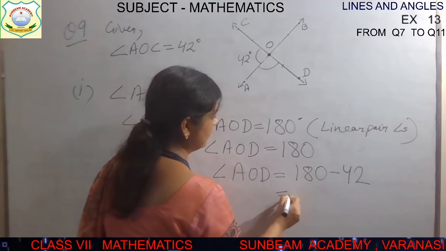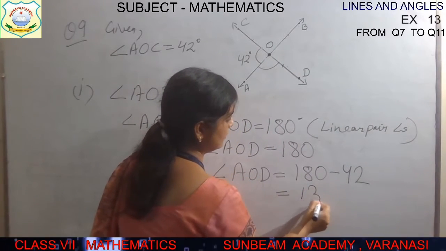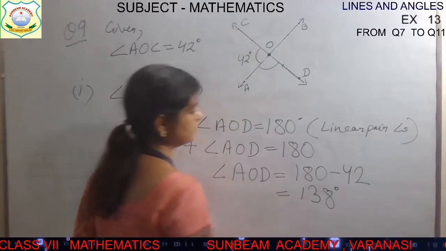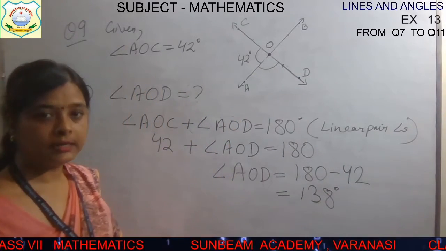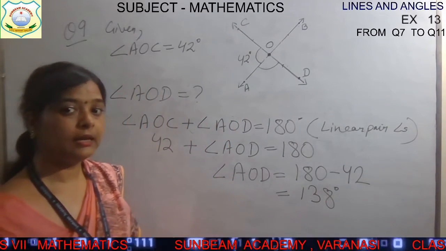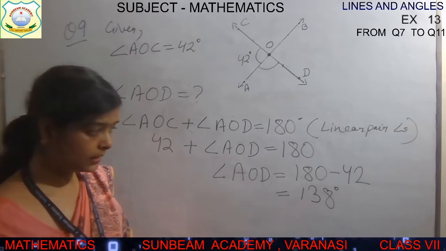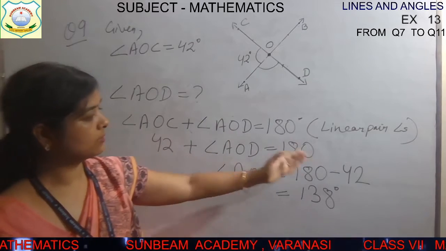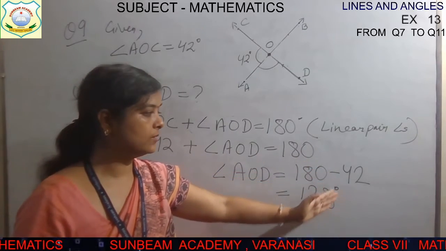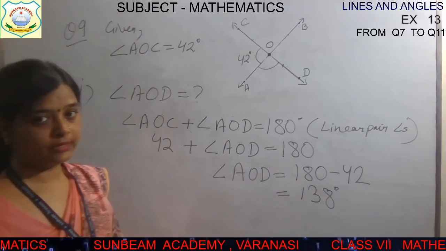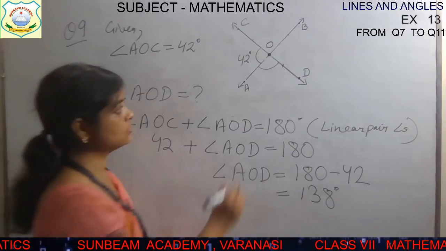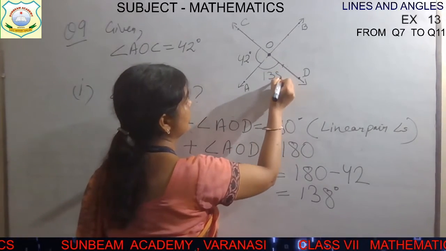Now when you find this, it will be equal to 138 degree. Angle AOD is 138 degree. Clear? Because 42 will transpose to that side, and when you subtract, you will have the value of 138.